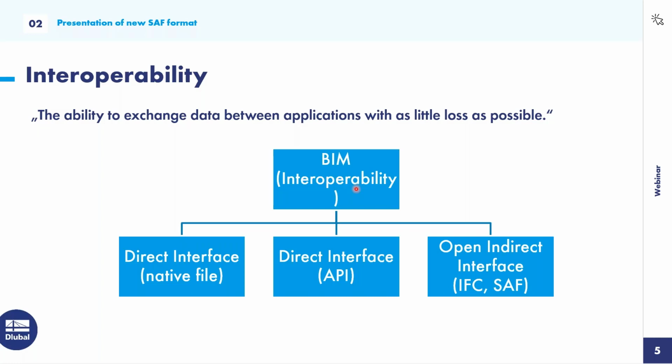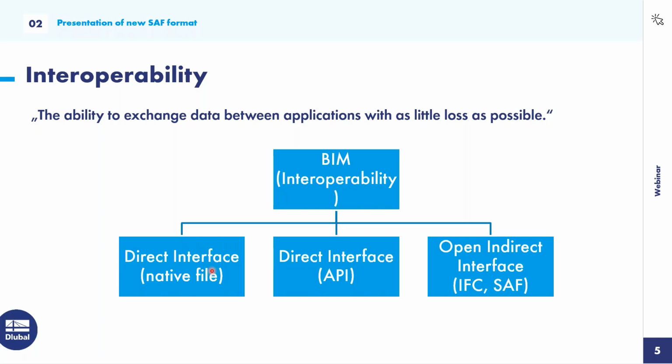So when dealing with BIM and also with exchanging models, we have different interfaces. First of all, the direct interface when dealing with native files. You can imagine it when you would like to transfer a RSTAB file and open it in RFEM.